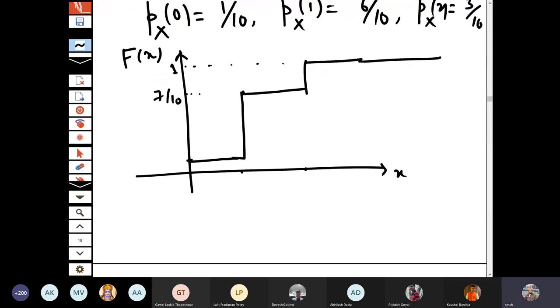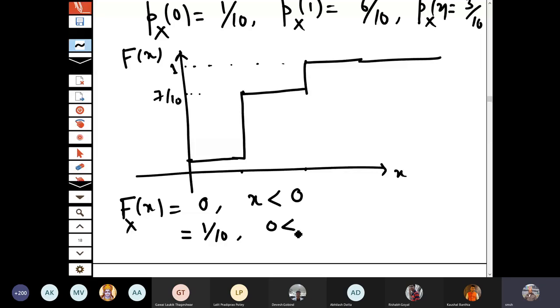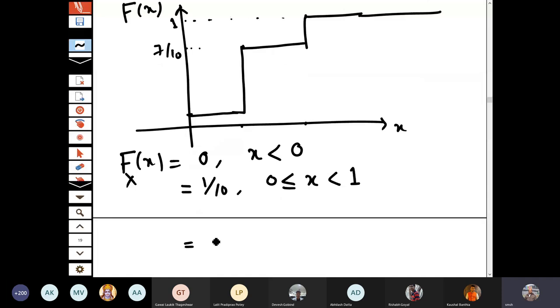So the description of the CDF is, it is 0 for x less than 0. It is equal to 1 by 10 for 0 less than or equal to x less than 1. It is equal to 7 by 10 for 1 less than or equal to x less than 2.